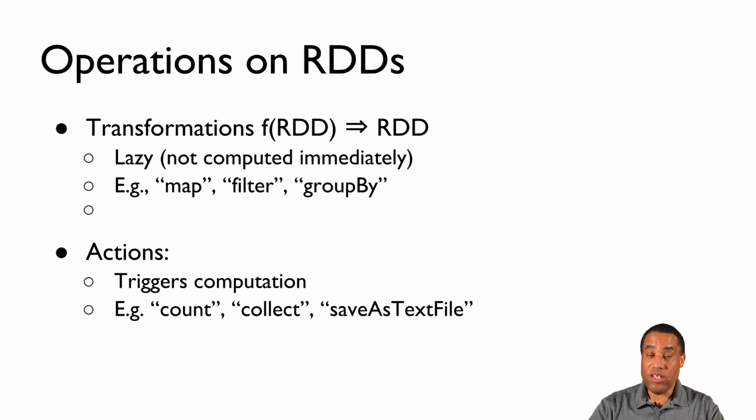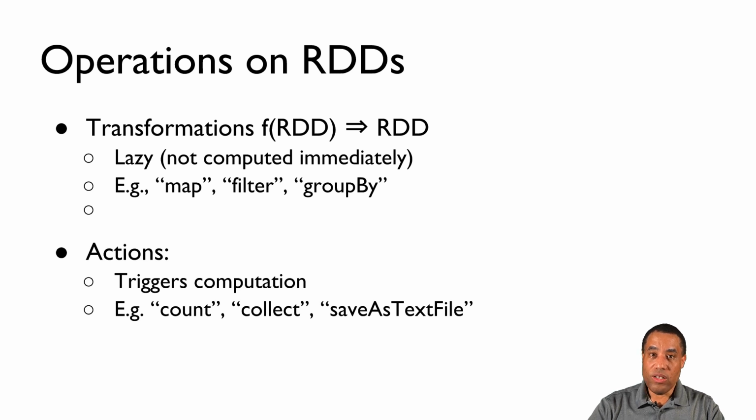Spark has a query planner that looks at the set of transformations you want to perform and optimizes what data actually needs to be read, touched, and processed, and minimizes the overall I/O and computation. So it's very similar to what we saw in databases, where we have a query planner and optimizer that tries to avoid doing unnecessary I/O and computation.